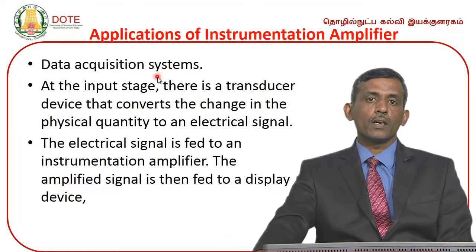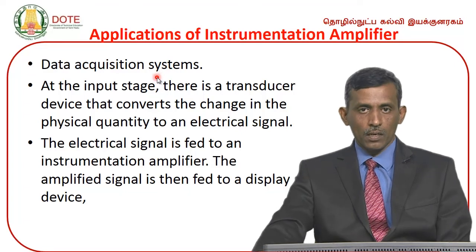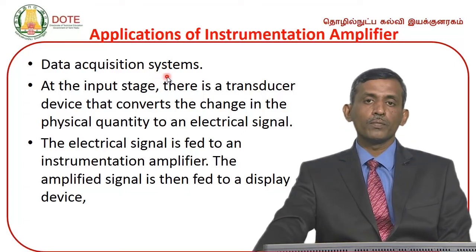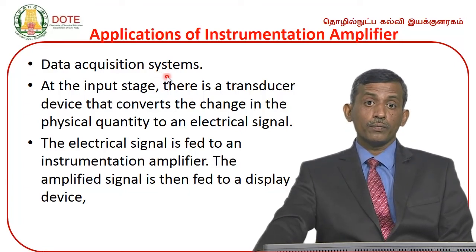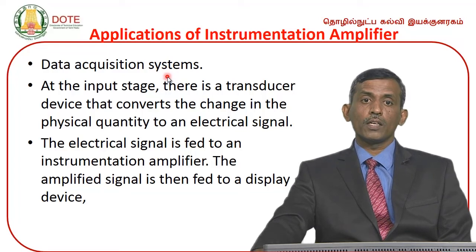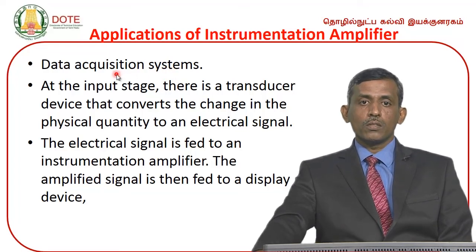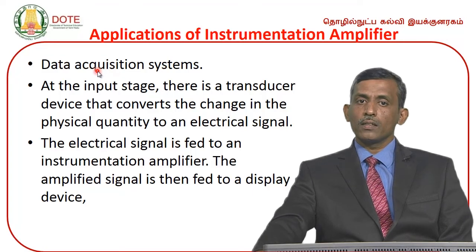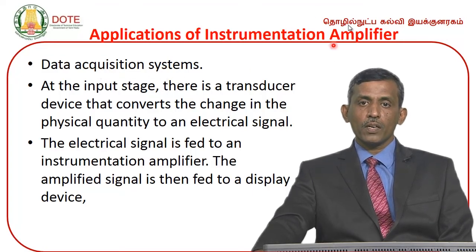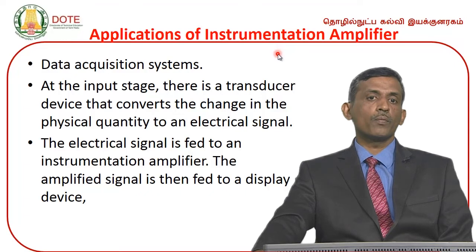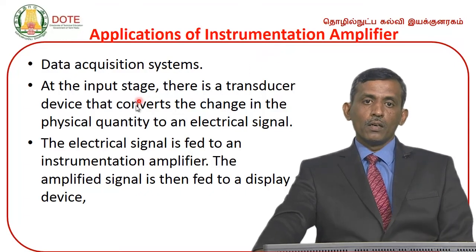That is, it may be a temperature, pressure, it may be a flow, level, or it may be a change in voltage or current, whatever it is. To acquire those data, normally instrumentation amplifier is chosen to amplify the differential input voltage, right?